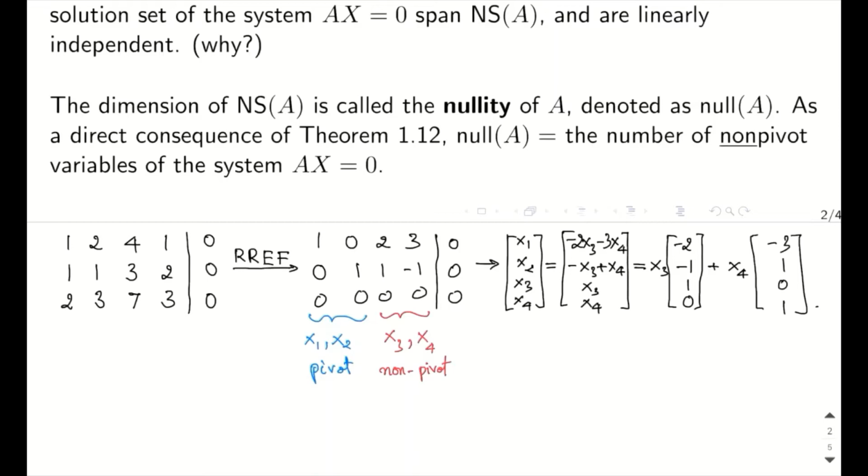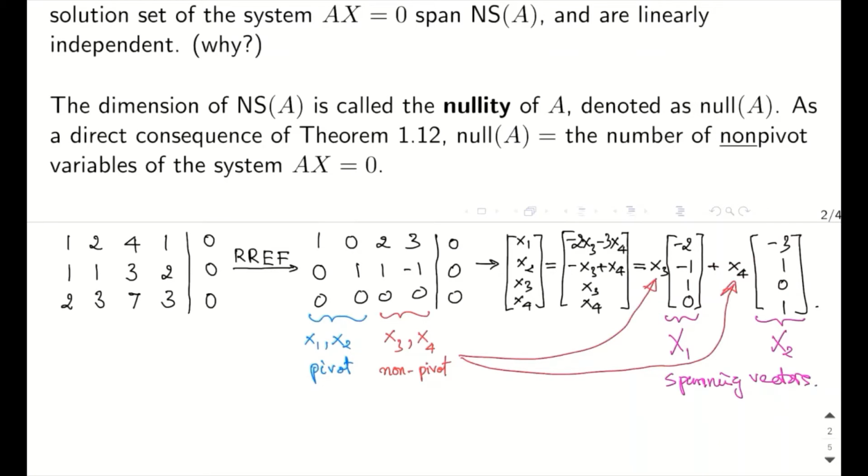All right, so you can see that you have successfully expressed all possible solutions as a linear combinations of the two spanning vectors. All right, so if you call this one capital X1 and this one capital X2, they are the spanning vectors. And the non-pivot variable will serve as the scalar multiple to each vector.